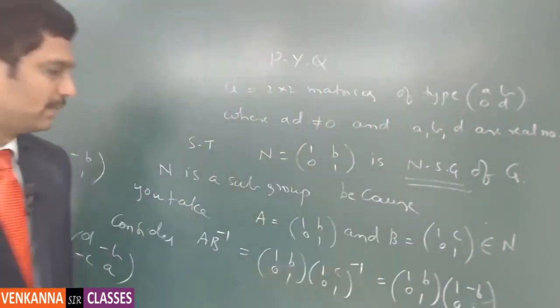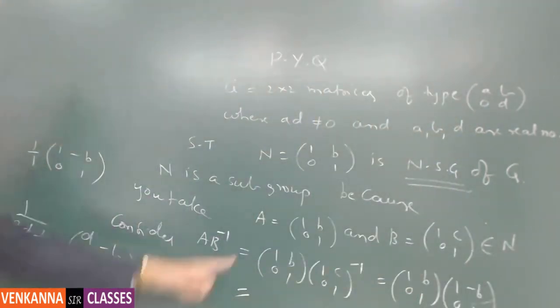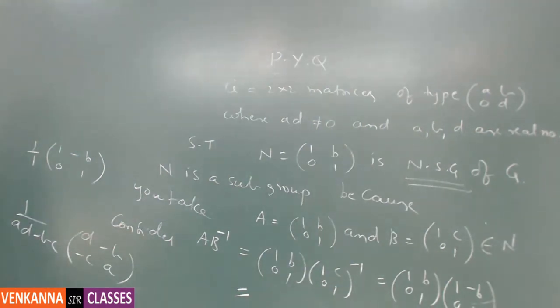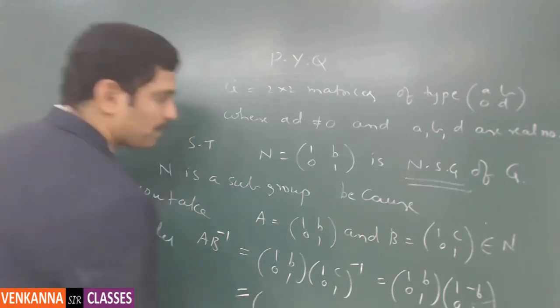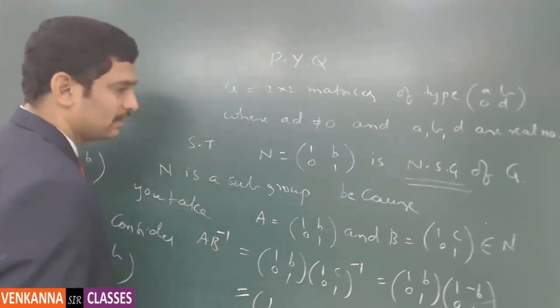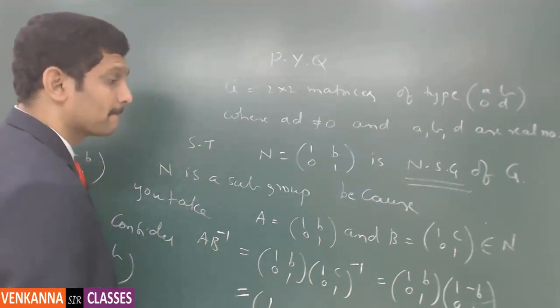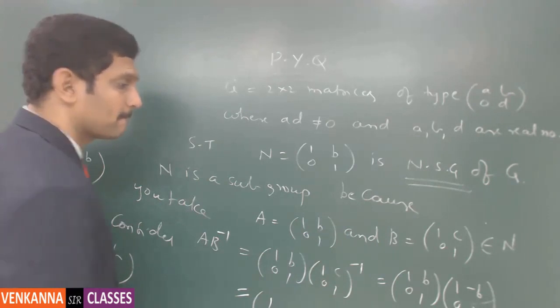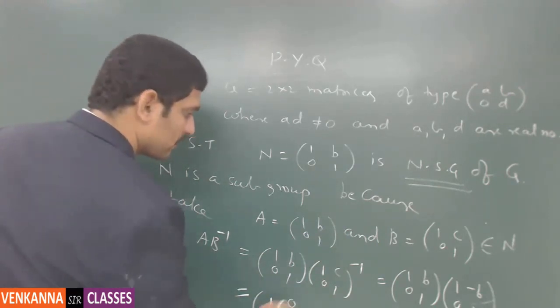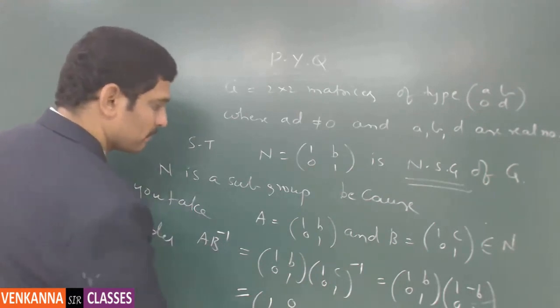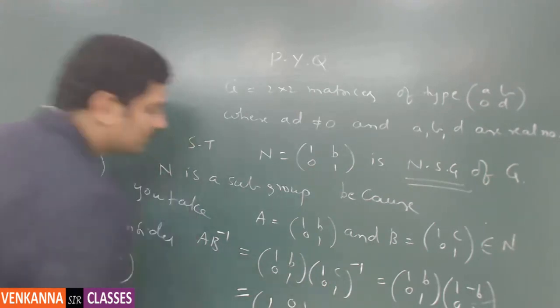So you please multiply that. What are you getting there? Give me the value. So you will get [1, 0; 0, 1].